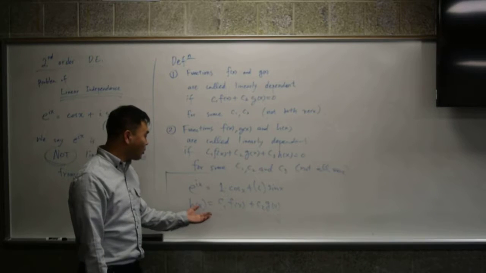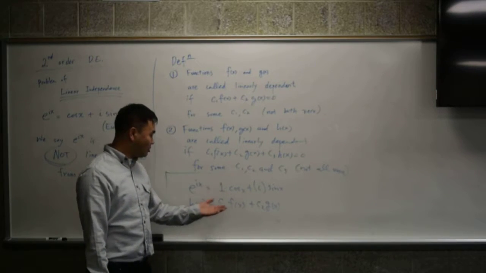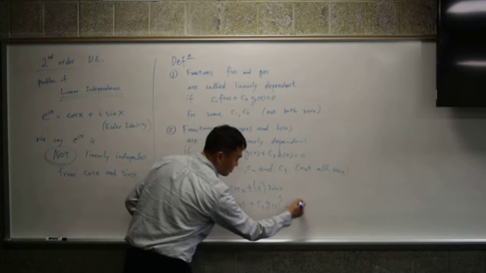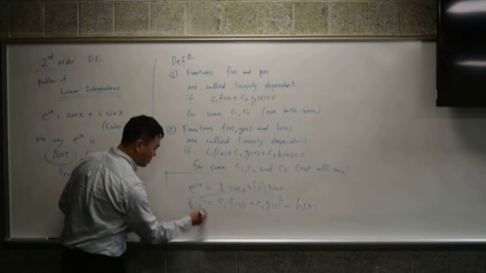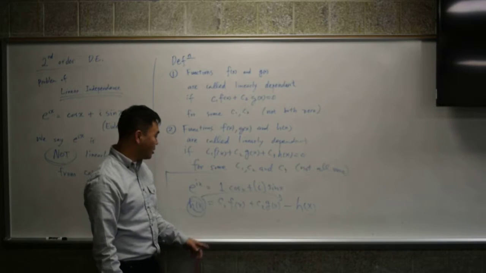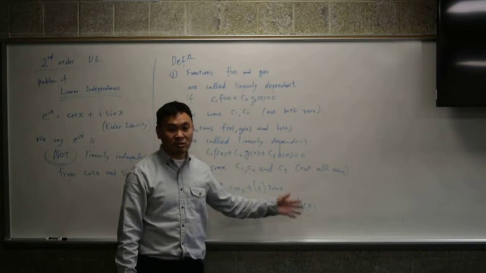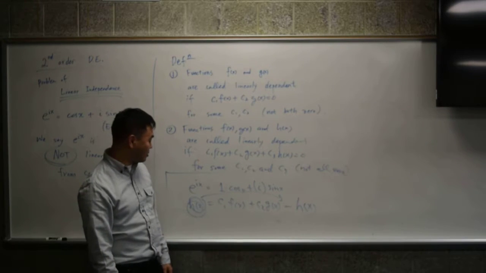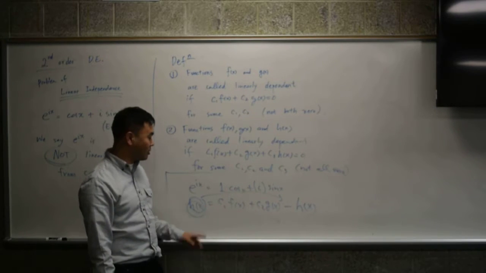And again, rather than defining it this way, this definition moves the h of x to the other side, so it's minus h of x, and put 0 here when you move it, right? And then calling this -1 as C3, that could be one example where it's linearly dependent.